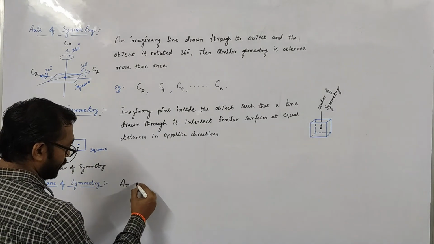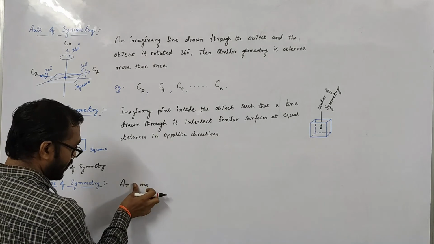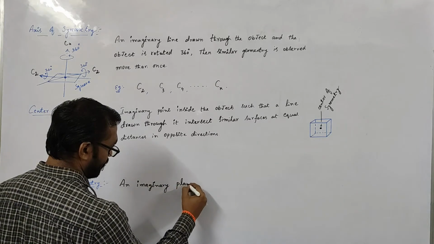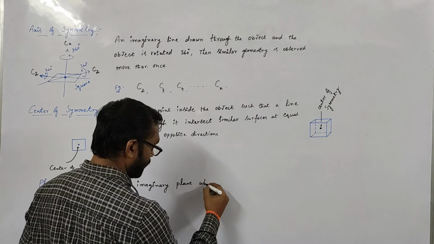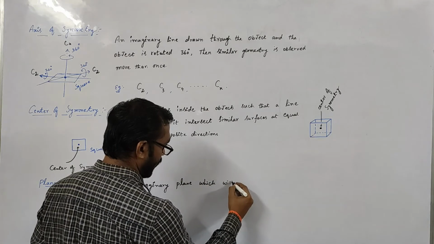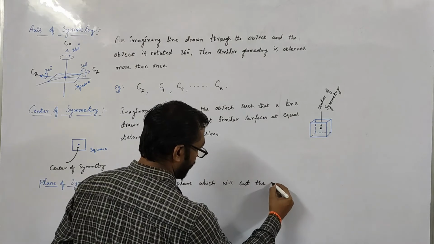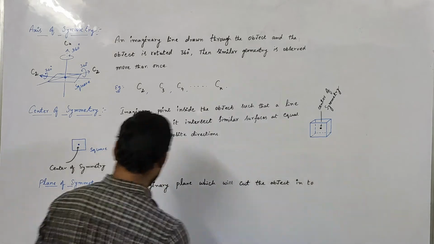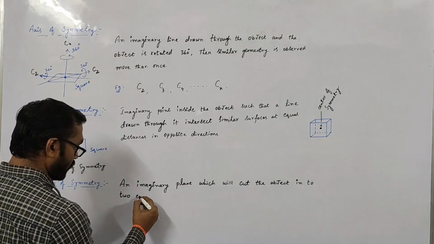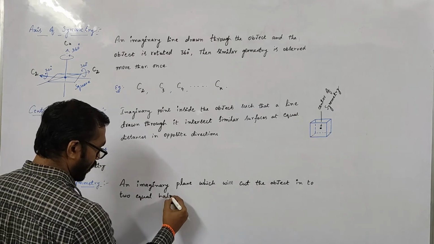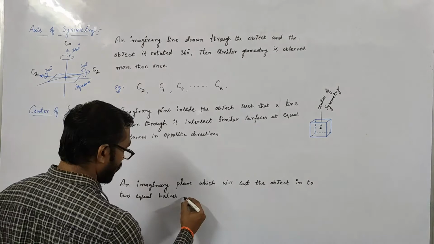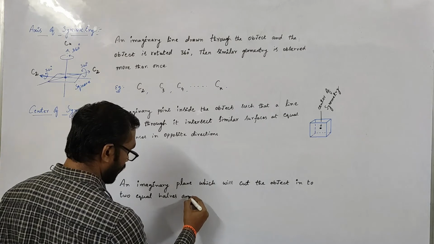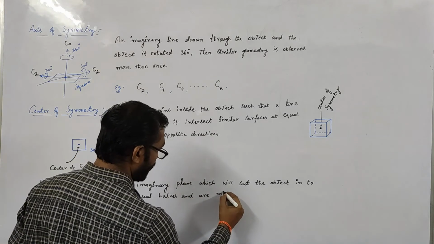An imaginary plane which will cut the object into two equal halves, and the halves are mirror images of each other.